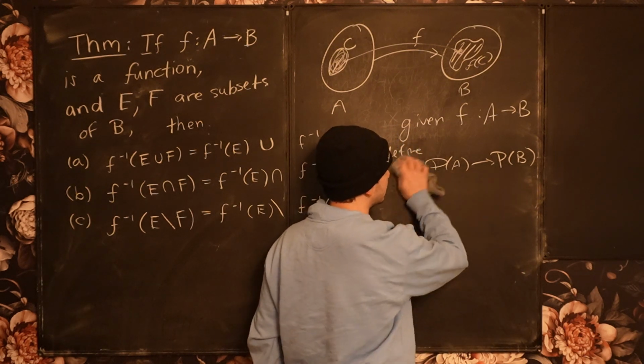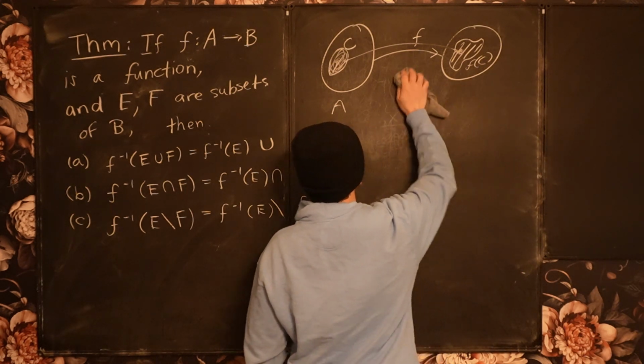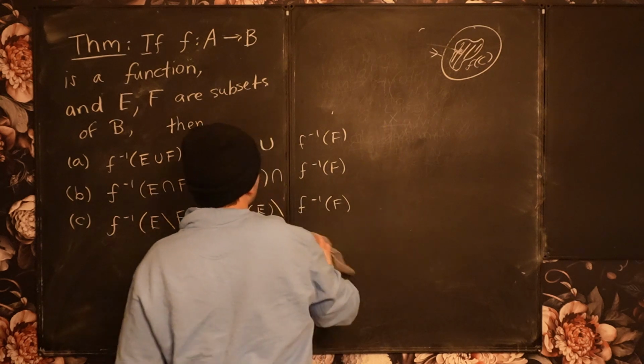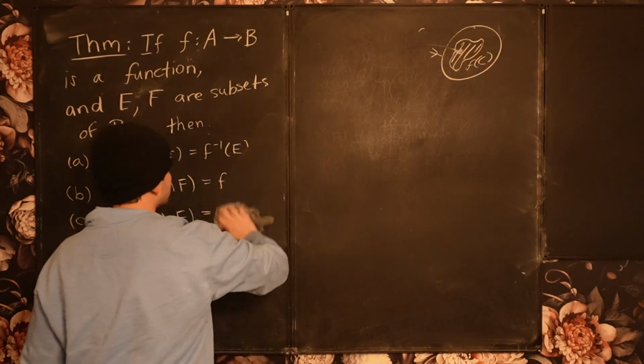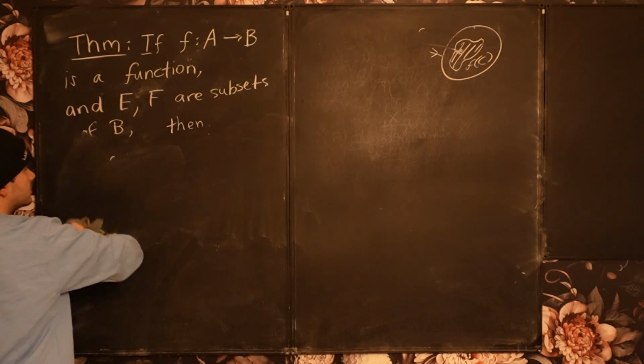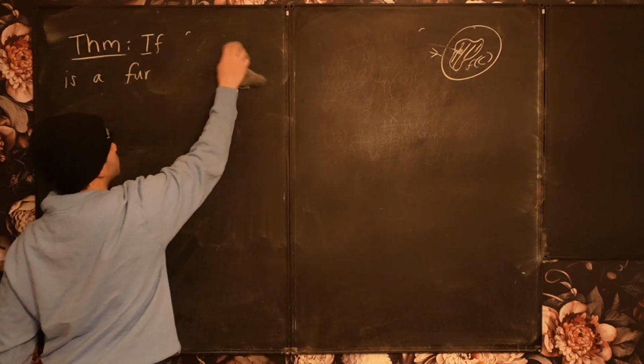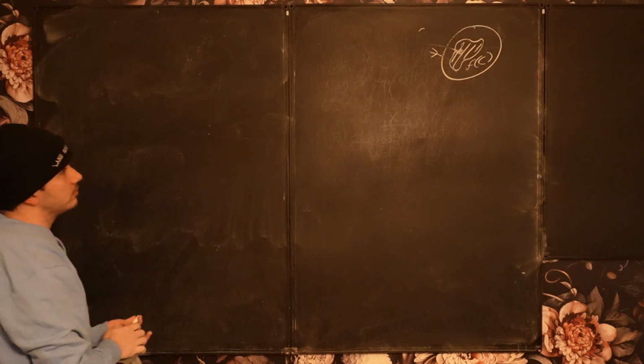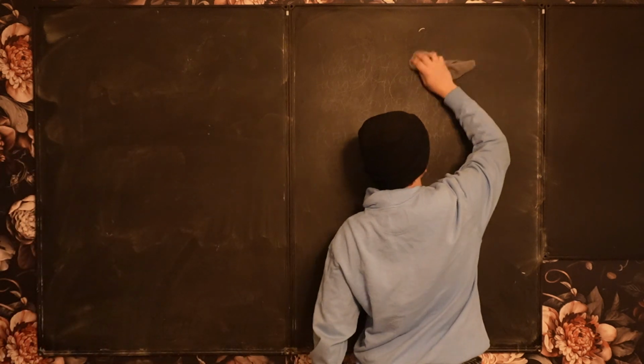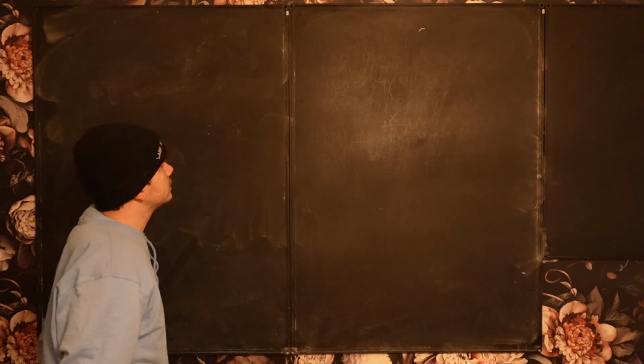This is where I want to be really careful here, okay? I apologize, I don't have enough space, so let me erase the theorem, and we'll come back to it in a moment. I need to define what F inverse is first.